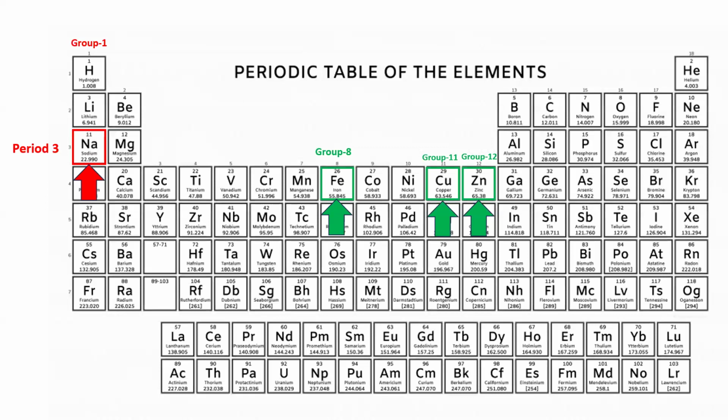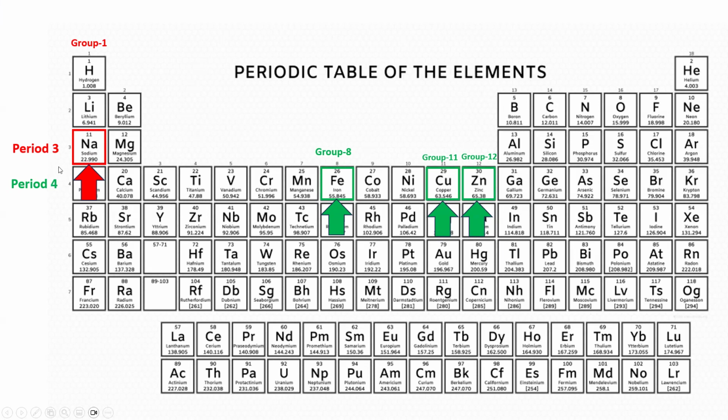But if you want to have a clearer idea about the chemistry of these elements, although they are present in four groups, they actually belong to two periods in the periodic table, period number 3 and period number 4.